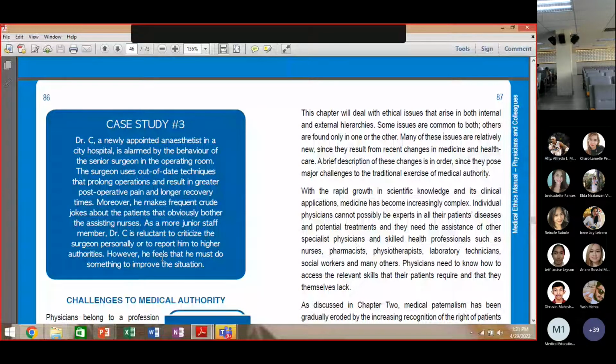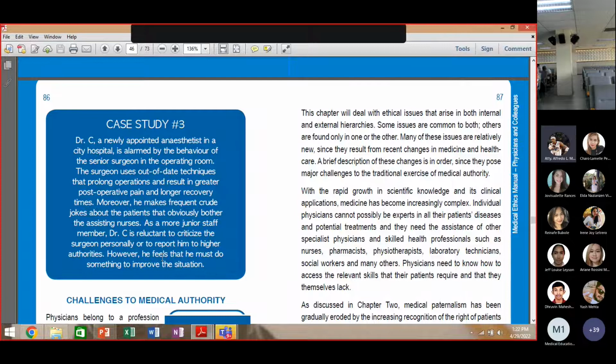The surgeon uses out-of-date techniques that prolong operations and result in greater post-operative pain and longer recovery time. Moreover, he makes frequent crude jokes about the patients that obviously bother the assisting nurses.